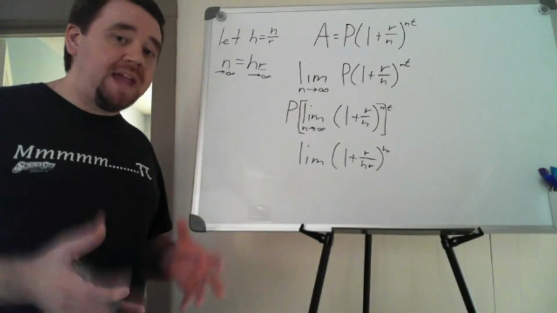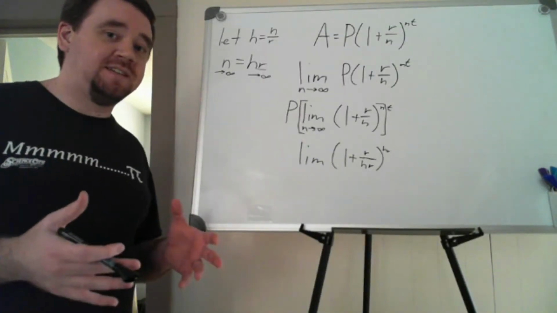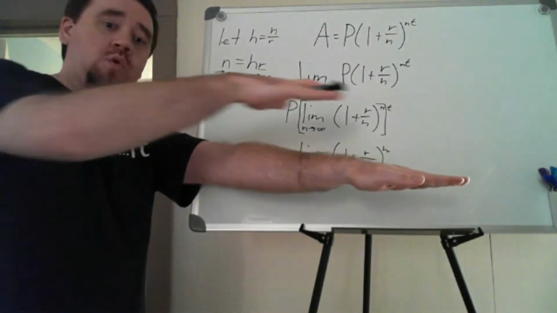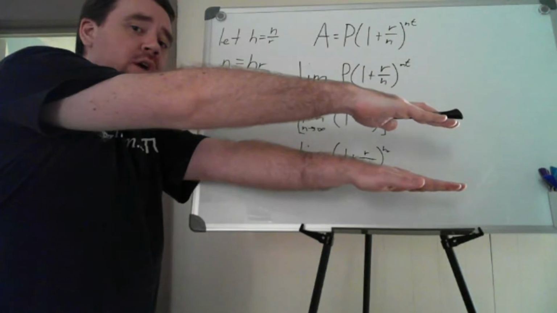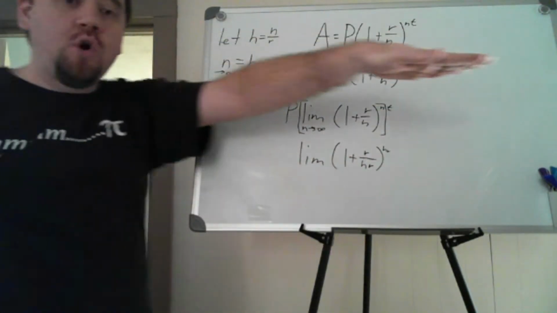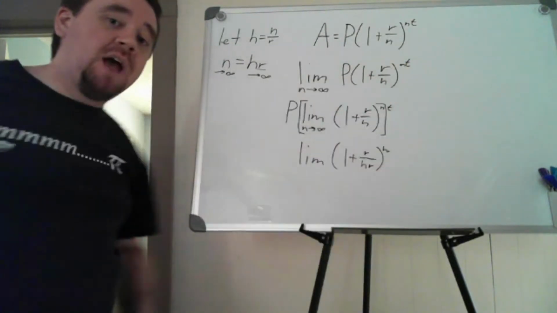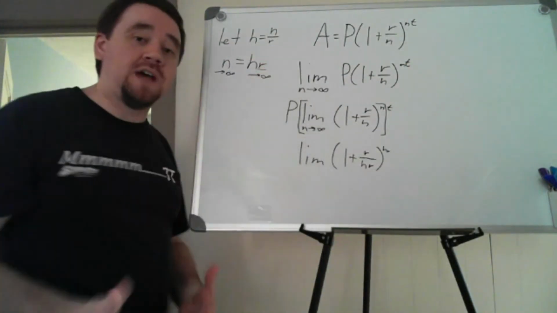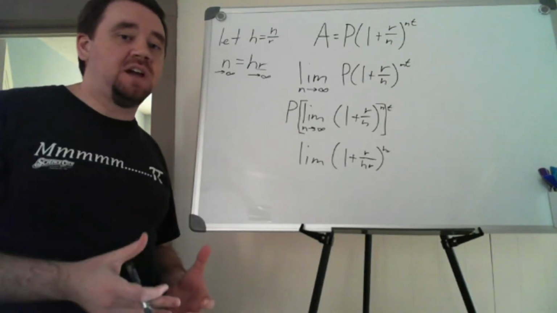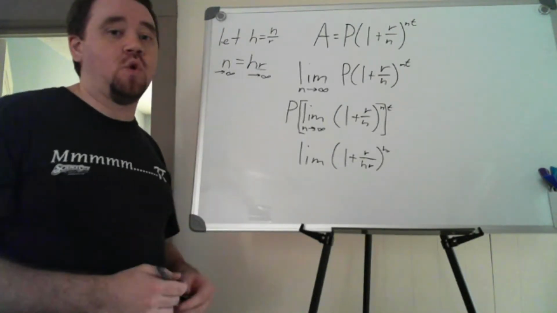Well, if h is constant, then it's just a horizontal line, and r, we know, is a horizontal line. Then hr is just the product of these two, and so it's just a horizontal line. It does not grow without bound. Well, that's not possible because we know hr must grow without bound because n grows without bound. So therefore, h can't be a constant, and h has to grow without bound.